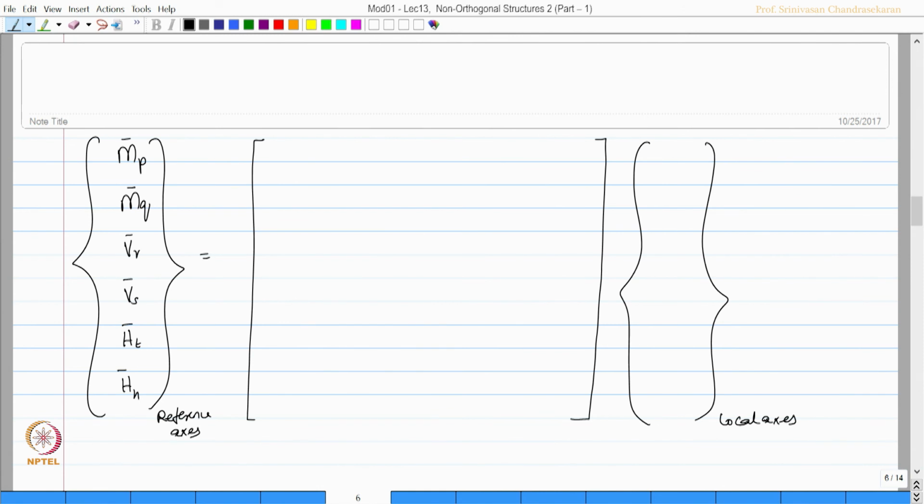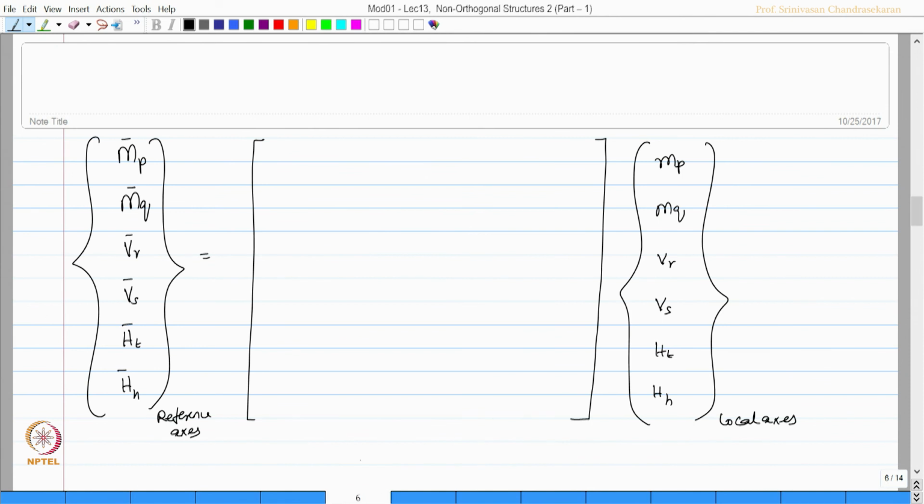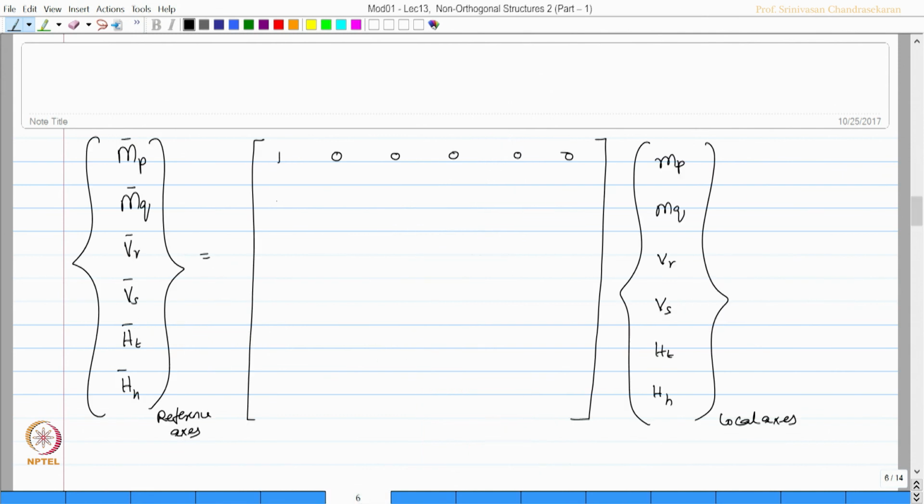I can equally mark this is going to be simply m p, m q, v r, v s, h t and h h. There is no bar. Okay. Let us go back to this figure. m p bar is the same as m p. Okay. I should say 1, and there is no contribution from anything else. Similarly, m q and m q bar are exactly mapped. So, 0 1 0 0 0 0.